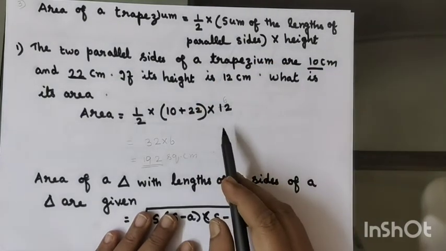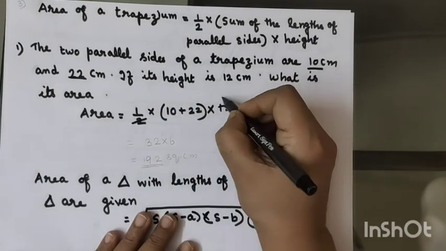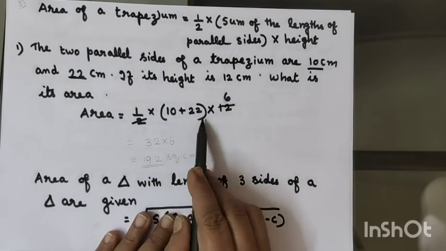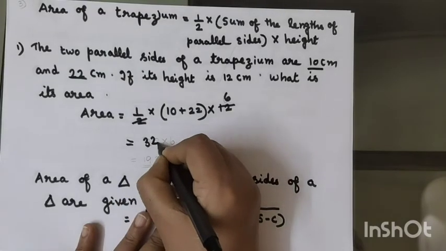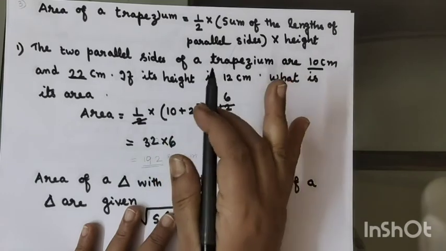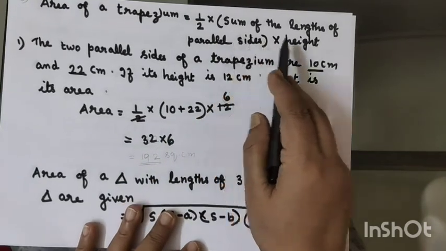Area is equal to half into, then you can write the parallel sides 10 plus 22 into 12, that is the height. So you can cancel 2 and 12, that is 6 times. Now when you add 10 plus 22, that is equal to 32, multiplied by 6. Children, it is very important. In this sum, children will get confused.